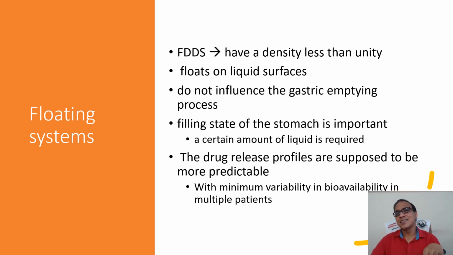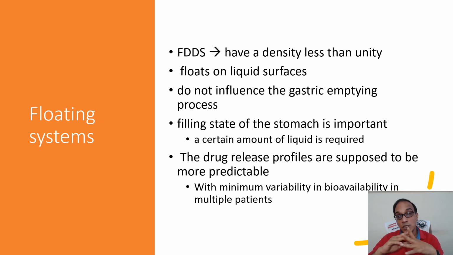Now, unlike the high density system, we can also plan differently. If a drug is going to be absorbed at the lower part of the gastric system, you plan the high density system. If the absorption window is in the upper part of the gastric system, you plan the floating system. Floating drug systems have a density less than unity. It floats on the liquid surface.